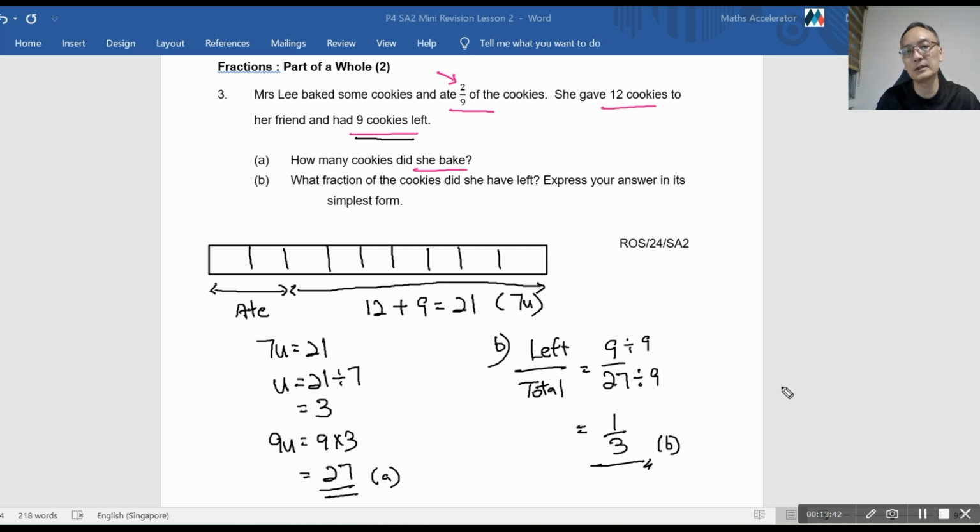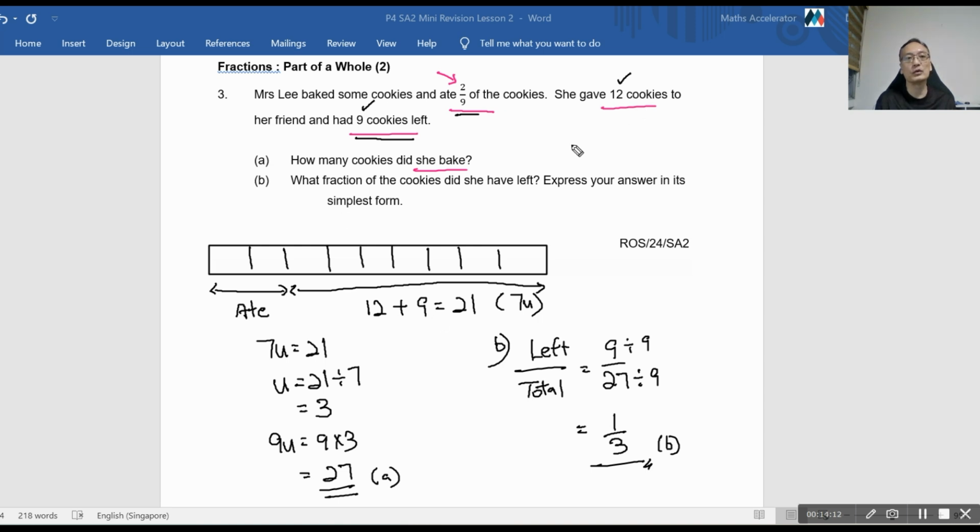Let's summarize over here. So as usual, when we approach this question, we highlight the keywords after we read the question. After highlighting the keywords, we organize the information in the form of a model. The first fraction is 2/9. That gives us an indication that we need to draw 9 units. So 2 units belong to what she has eaten, and the rest is a combination of what she gave to her friends and what was left.